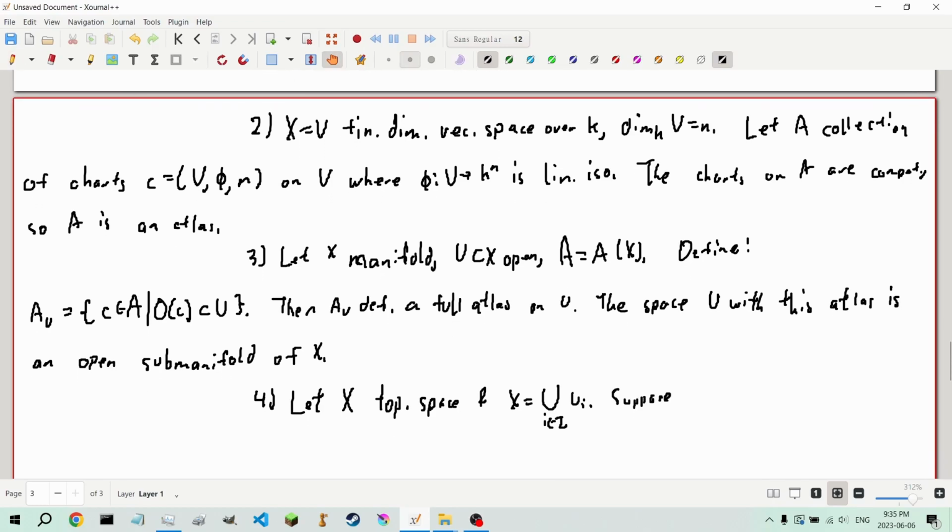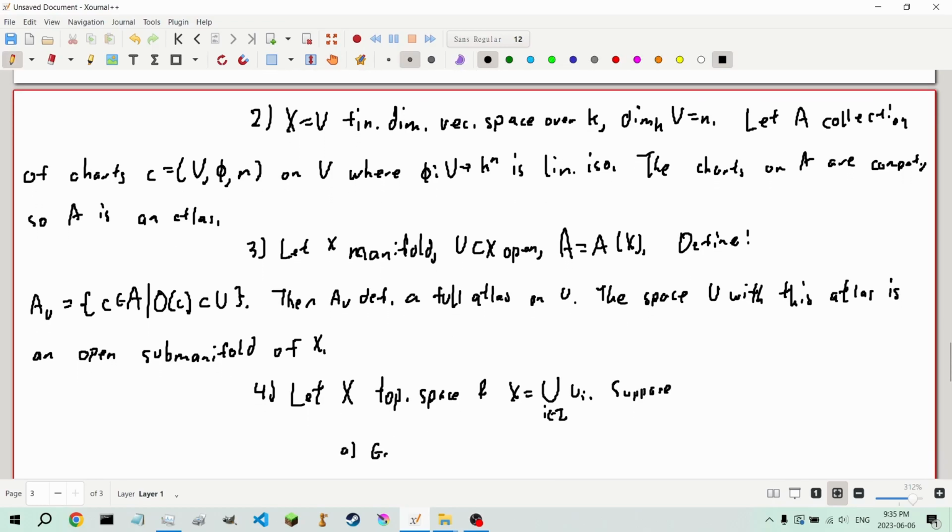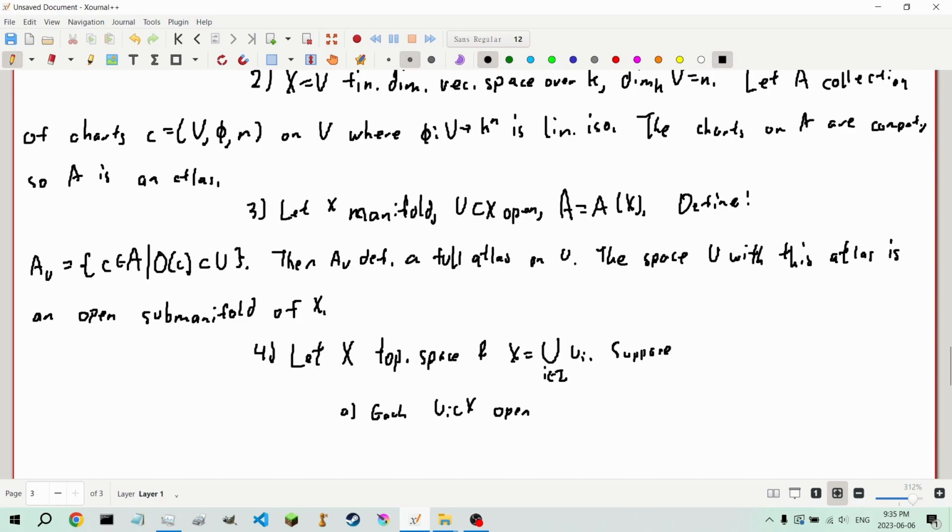Suppose, first off, each U_i is open in X. Second, each U_i has the structure of an analytic manifold.